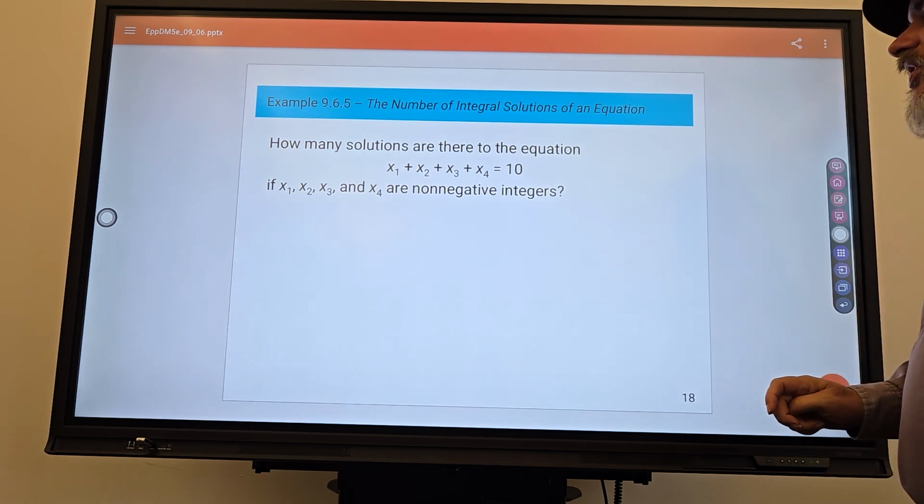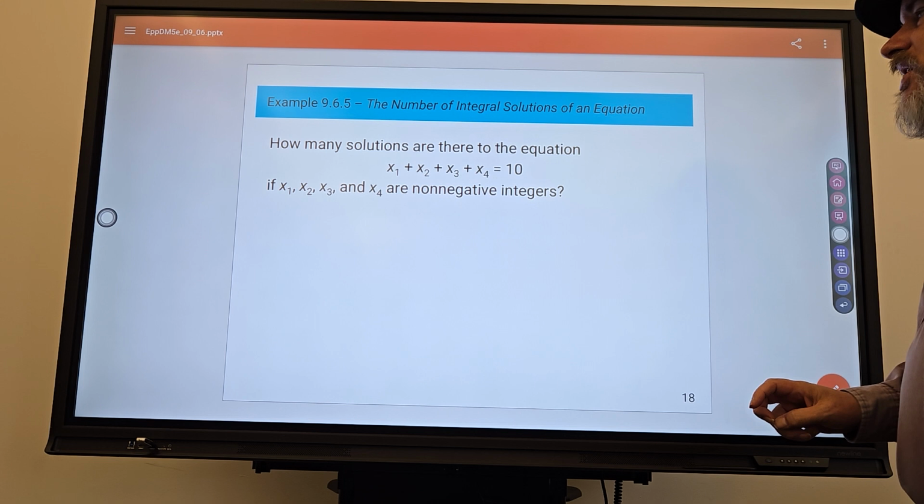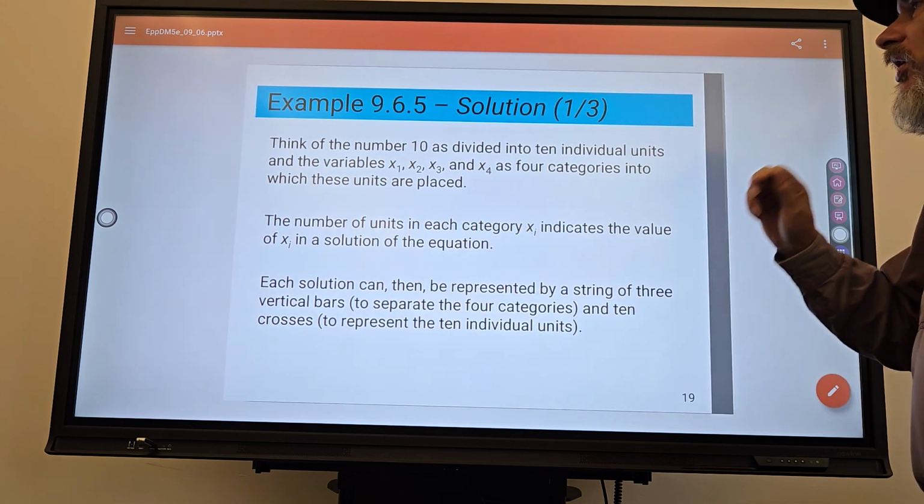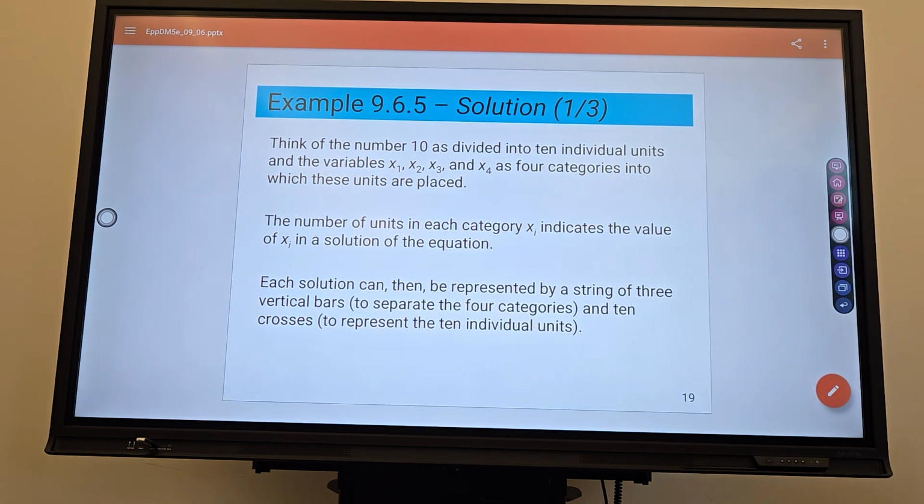How many solutions are there to the equation x1 plus x2 plus x3 plus x4 equals 10 if the x's are non-negative integers? Think of the number 10 as divided into 10 individual units with the variables x1, x2, x3, and x4 as 4 categories into which these units are placed.